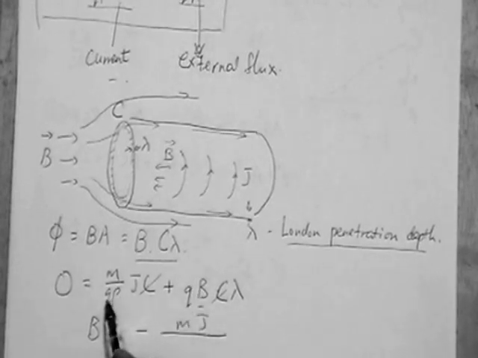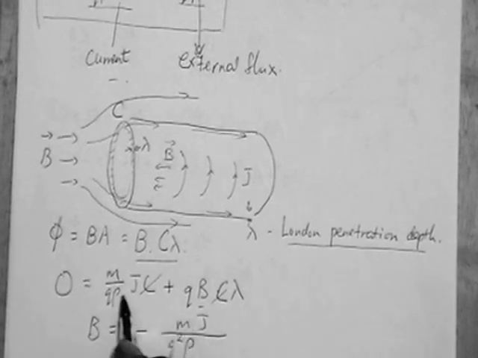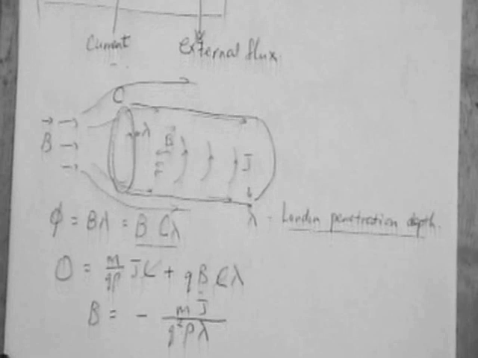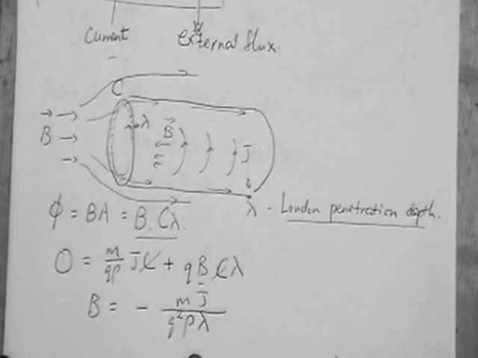I have a q coming down there to give a q squared. I have a rho, and I have a lambda. So I get an expression that relates all these terms here to the external field.